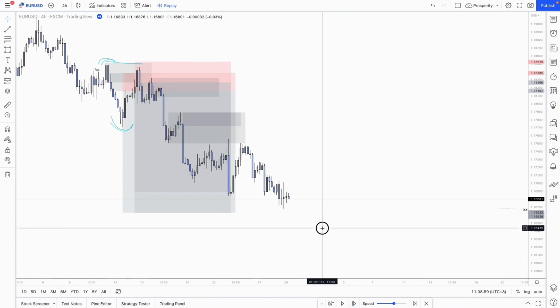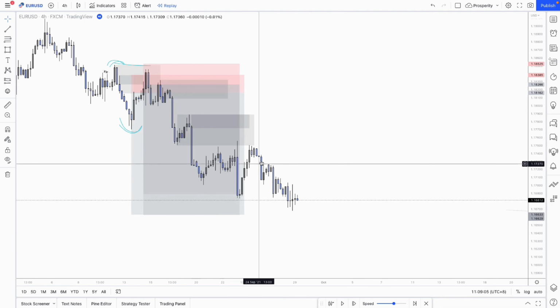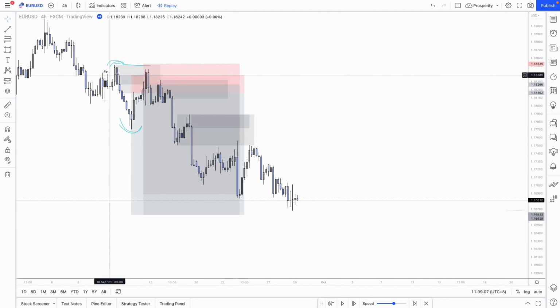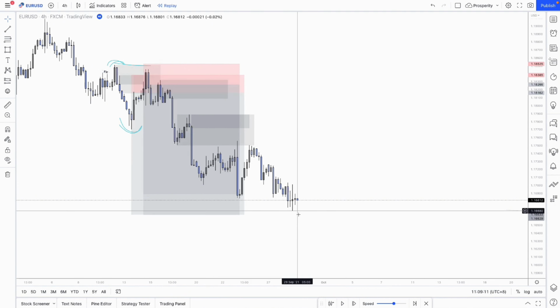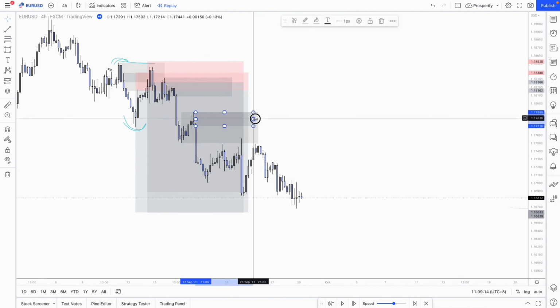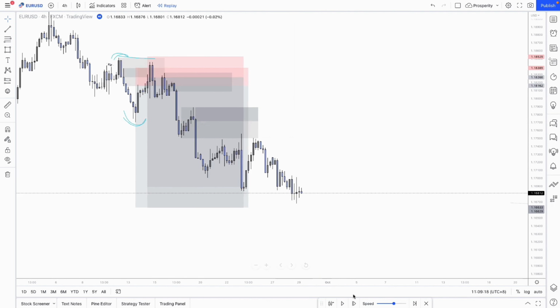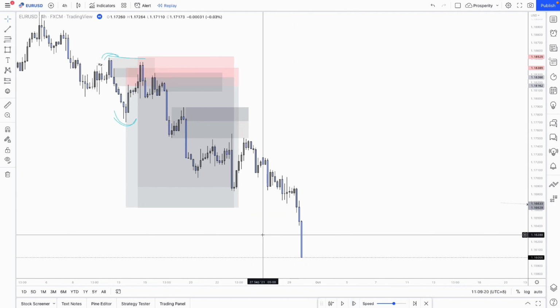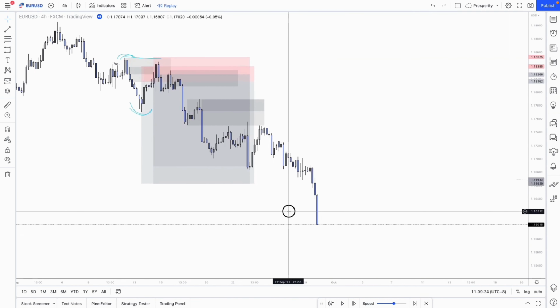All right, and now you would have missed trades because we've tapped in, we've changed out, we've realigned, we've come back up to mitigate this wick, which on the 15-minute is probably a level of supply, and then continued. And you've missed out because you was waiting for this pretty little zone to be mitigated, right? And so that's essentially one of the biggest points that I want to make, right?